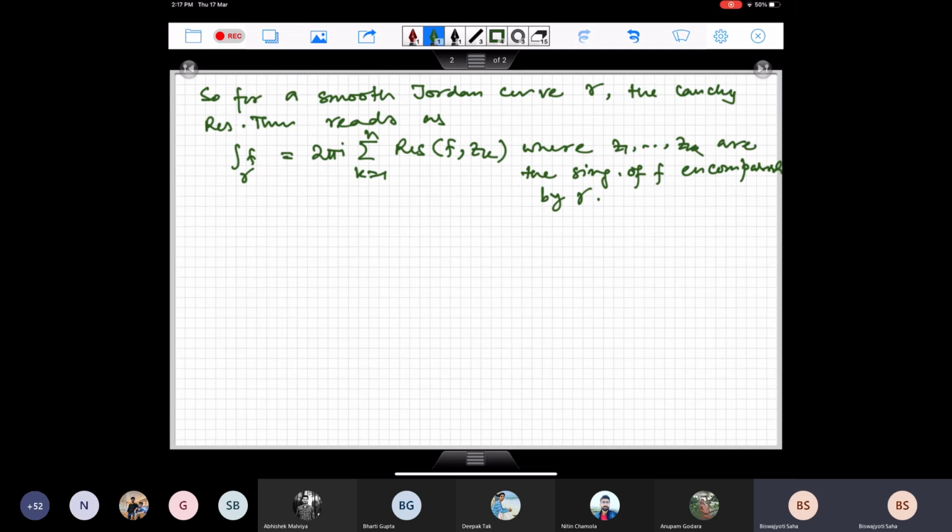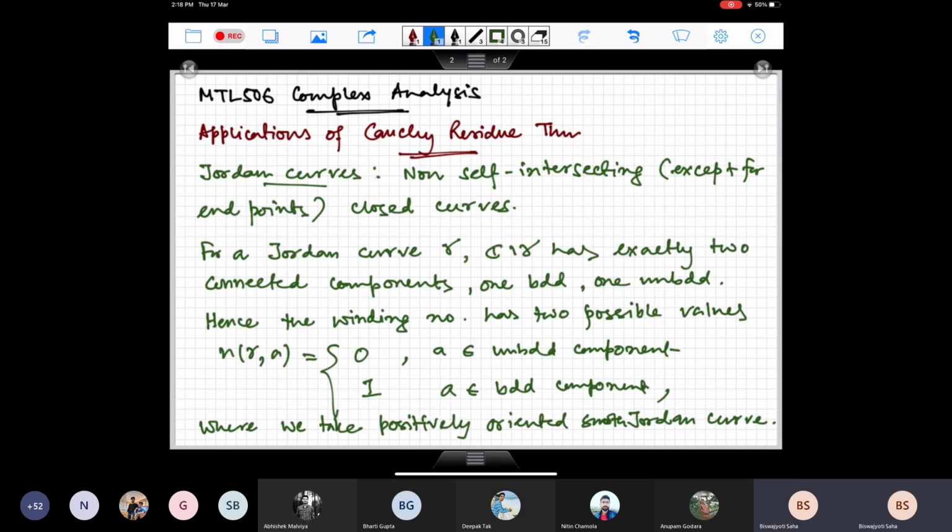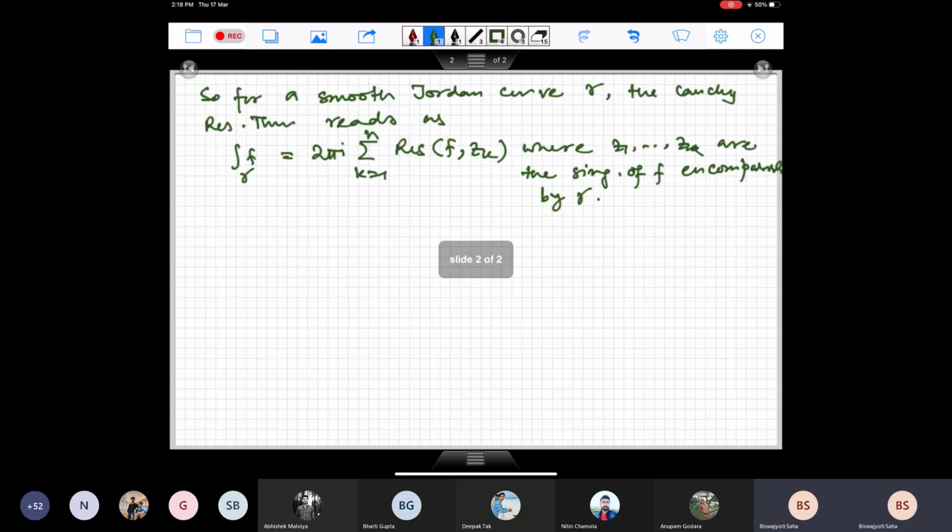Then only you can immediately apply this form. Now, as I said, I'm going to look at applications of the Cauchy residue theorem. For that, I'm going to look at a particular type of singularity. I'll tell you why I'm more interested in that particular kind of singularity.